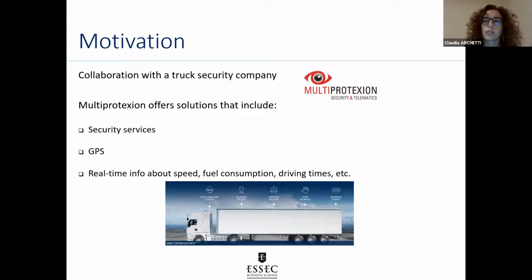Especially in long-haul transportation, where you have paths that traverse different countries, and the fuel price varies from country to country. But even within the same country, for example in Italy, we know that if you refuel on the highway, you're going to pay much more than refueling outside the highway.